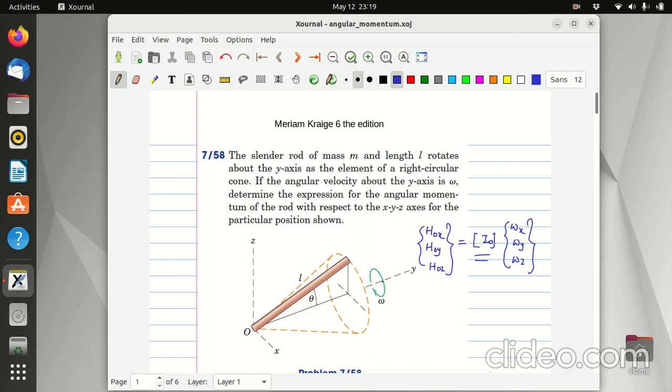with respect to this small x, small y, small z coordinate system, because it is difficult to get the moment of inertia of this rod about small x, y, z. But it is very easy to get the moment of inertia about an axis aligned with the rod.